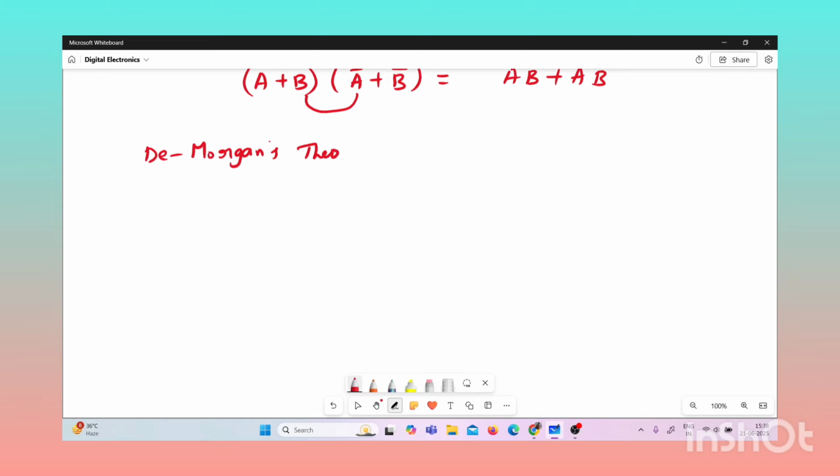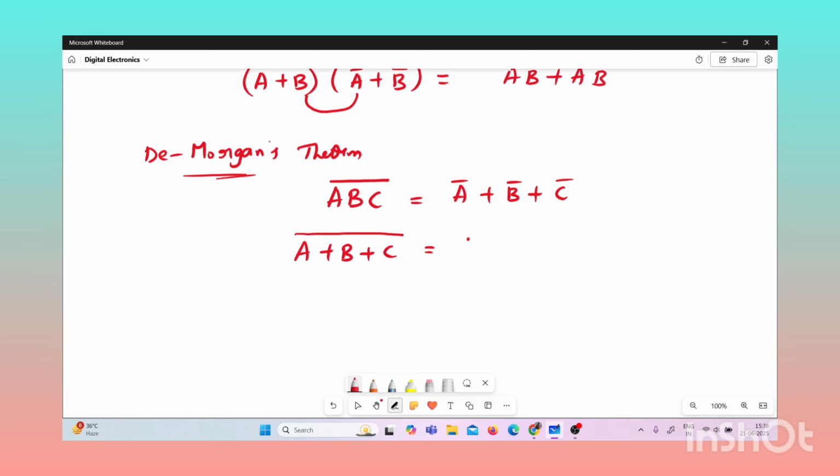De Morgan's theorem. De Morgan's theorem is: ABC whole bar is equal to a bar plus b bar plus c bar, and similarly a plus b plus c whole bar is equal to a bar dot b bar dot c bar.